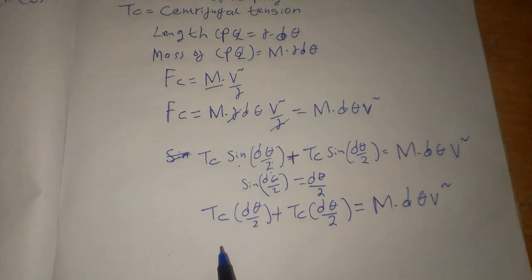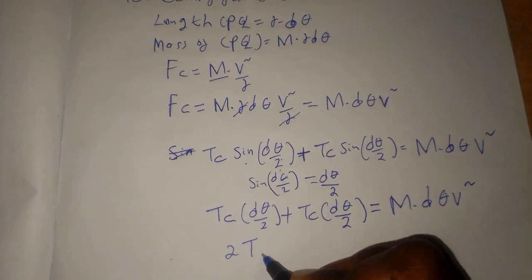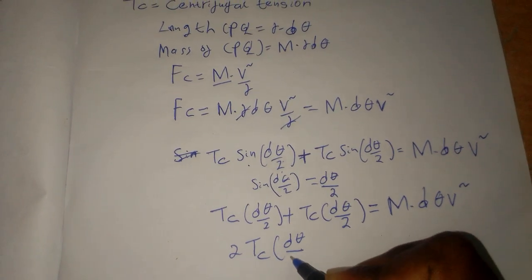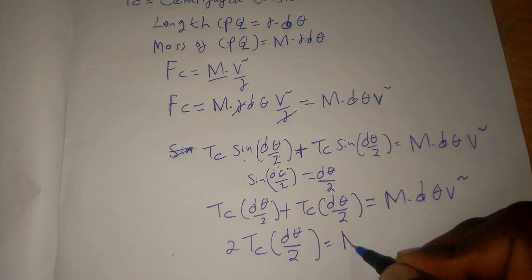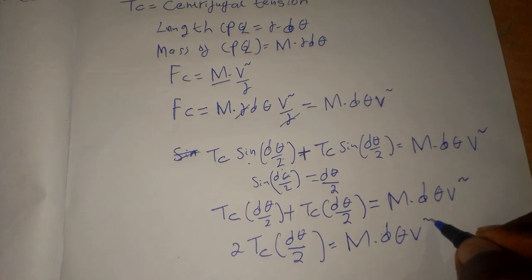Now, this is the same as writing 2 Tc d theta divided by 2 is equal to m d theta v squared.